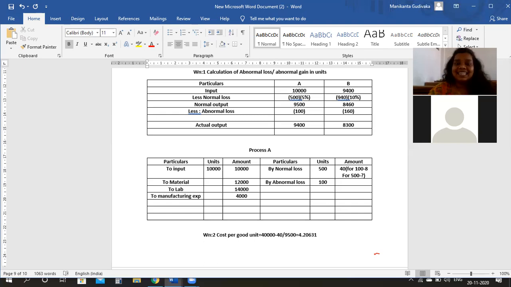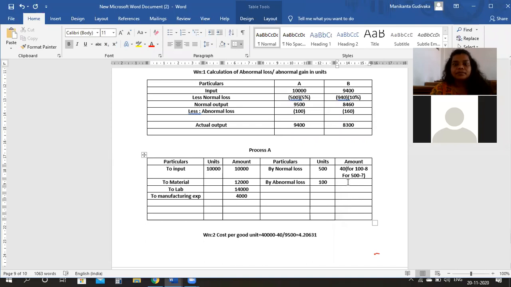so that you will get the exact answer. Please calculate 100 into 4.20631. How much are you getting? 100 into 4.20631 gives 420.631.